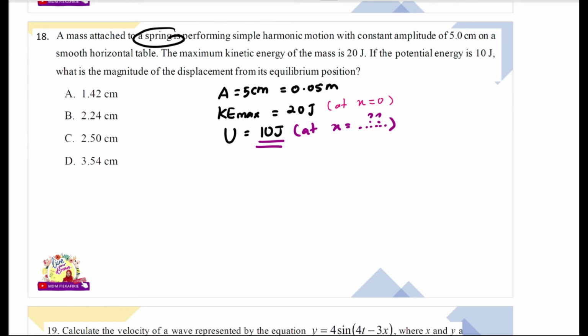So to calculate U, I want to use the formula half kx squared.